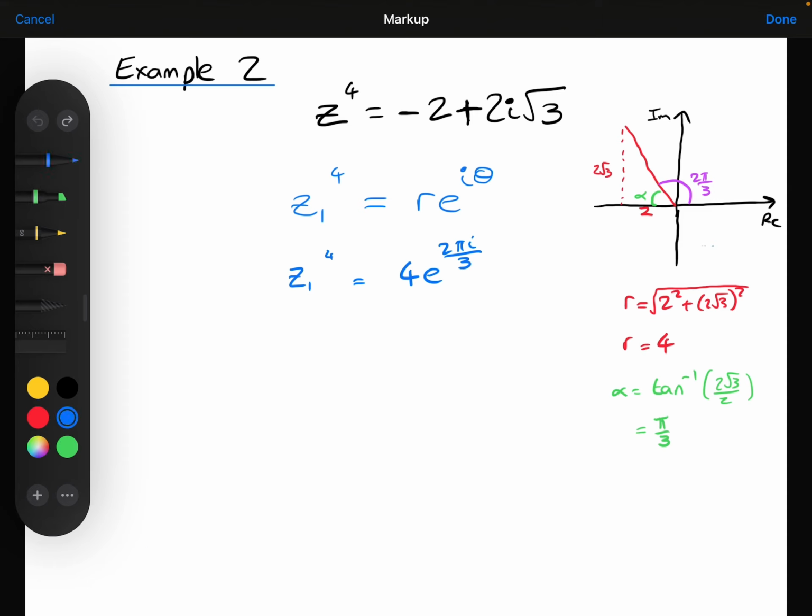And I want to find my first solution, z1, where I put it to a power 4 and get that answer. So let me rewrite z1 as r e to the i theta.